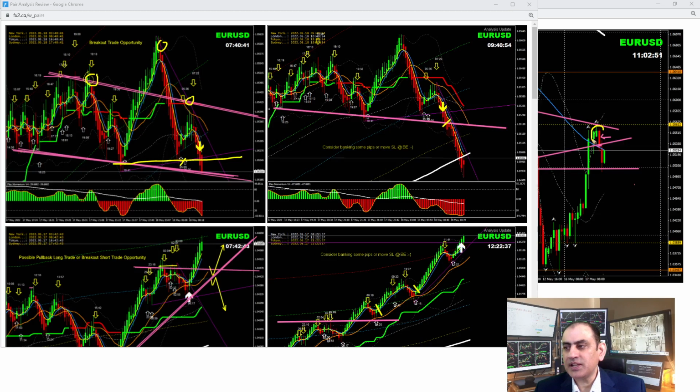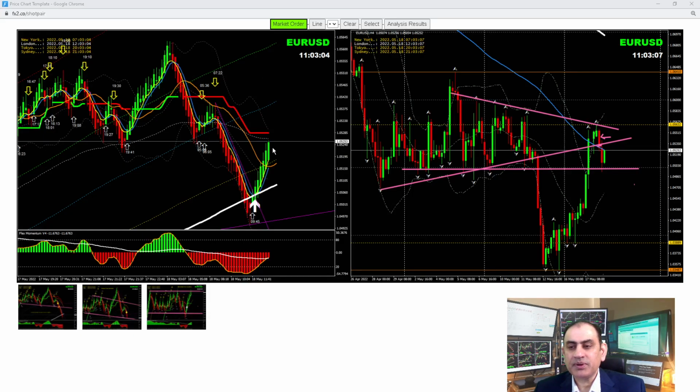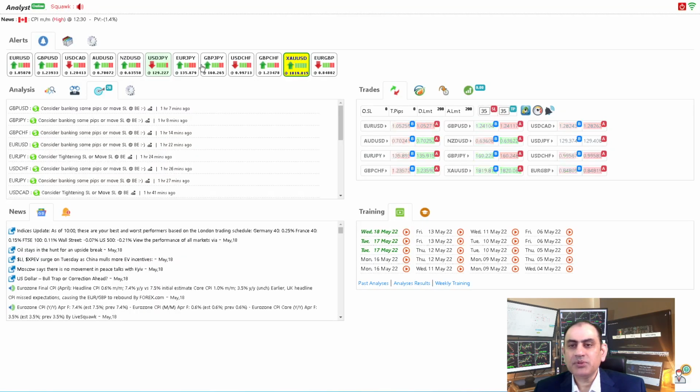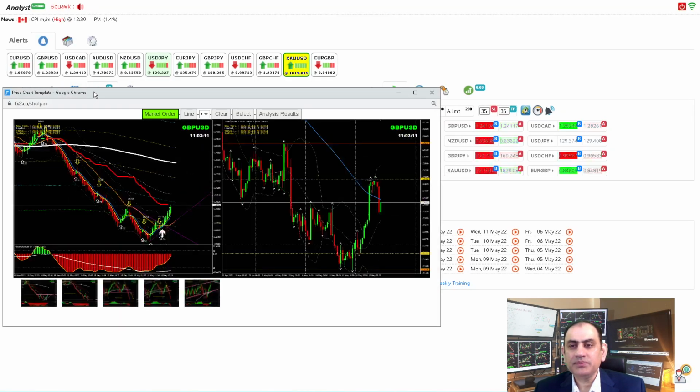We had this bearish engulfing candle too. So we had such a nice, beautiful breakout short trade here as soon as the price hit the support level, and that's how I explained my trade. It's time to enjoy some profit. So we had a beautiful short trade on Euro USD, and after banking some profit, price nicely reversed, as you can see here. All right, so let's move into the Pound Dollar, cable.